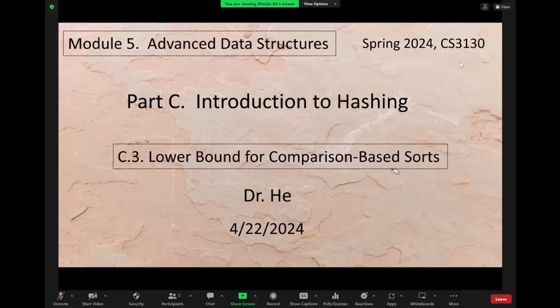How to derive that formula. All right. So here, we want to find a lower bound for comparison-based sorts. From the name, you can see we only consider those sorting algorithms that use comparisons to determine the sorting order.